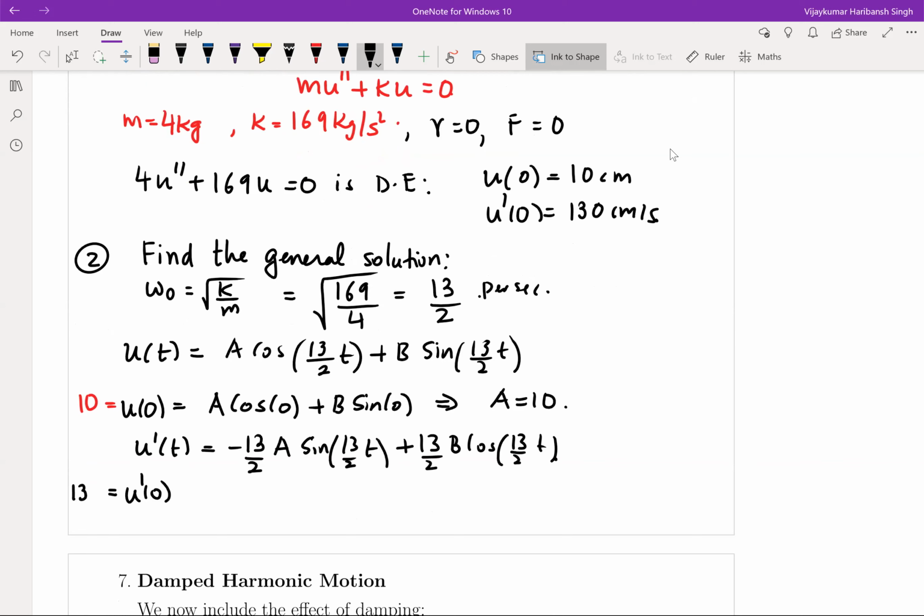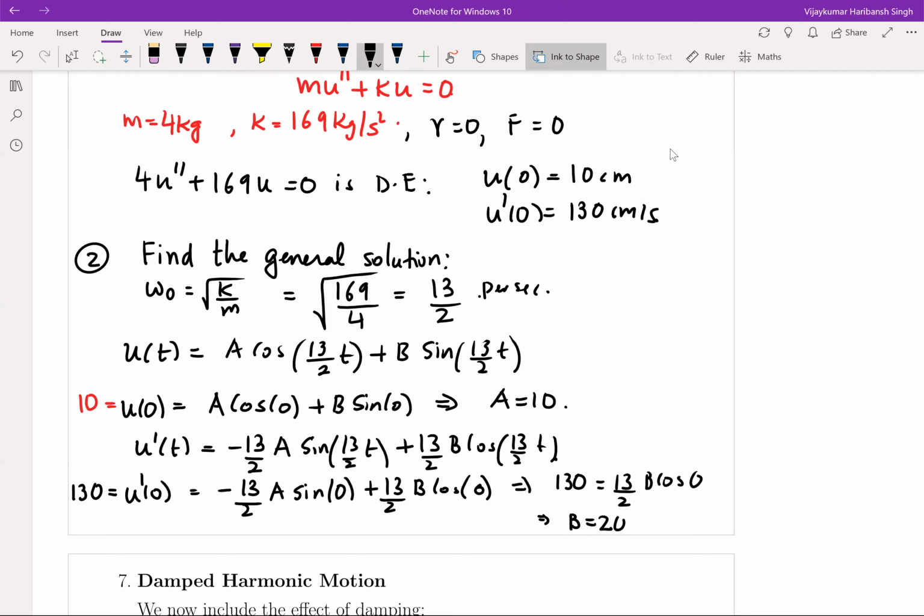And on the other hand, when you put 0, you get minus 13 by 2 times a sine 0 plus 13 by 2 b cosine 0. So this implies 130 equals 13 by 2 b cosine 0, and this gives you b equals 20.